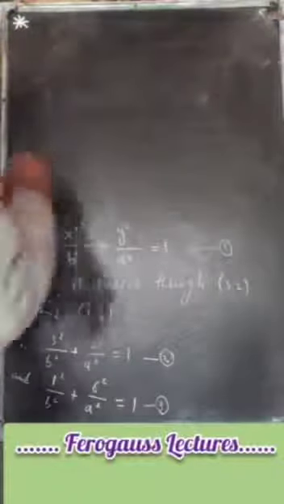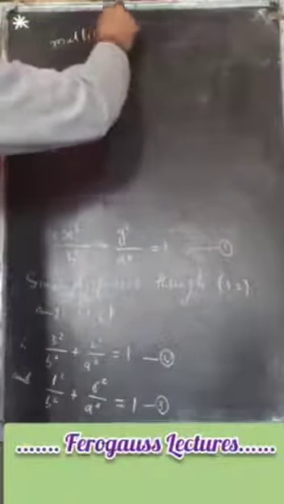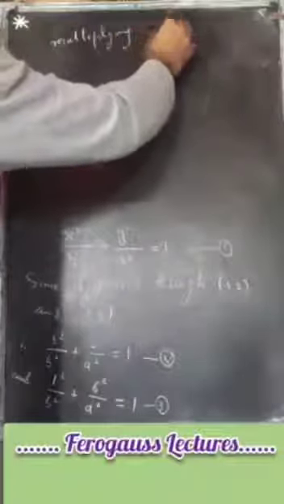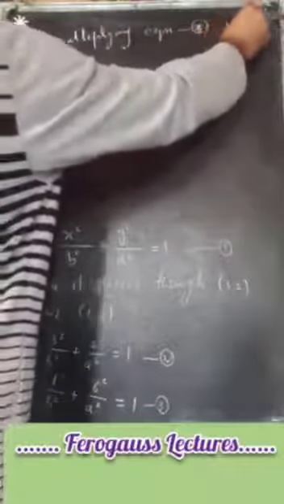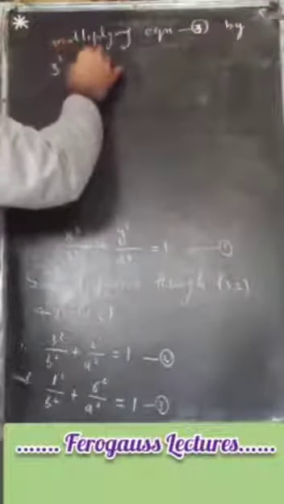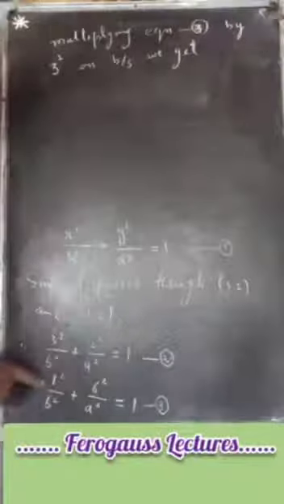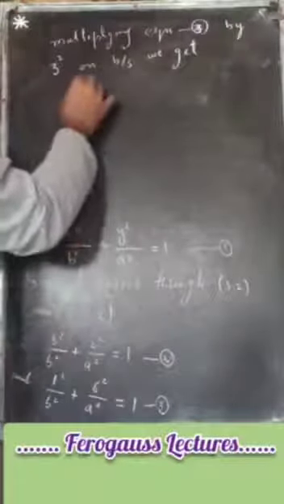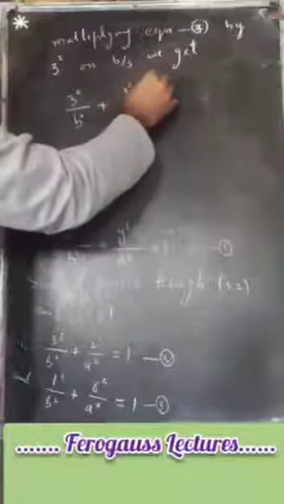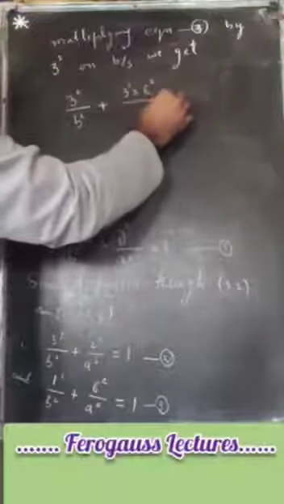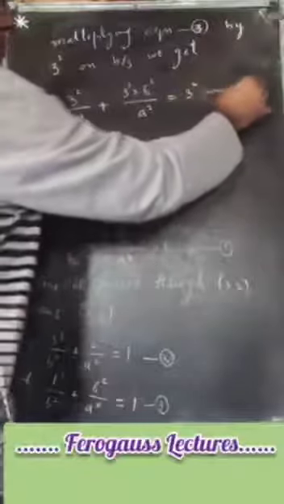Multiplying equation third by 3 square on both sides, we get 3 square into 1 square, that is 3 square divided by b square, plus 3 square into 6 square divided by a square equal to 3 square into 1 square, that is 3 square. Now let us name this as equation fourth.